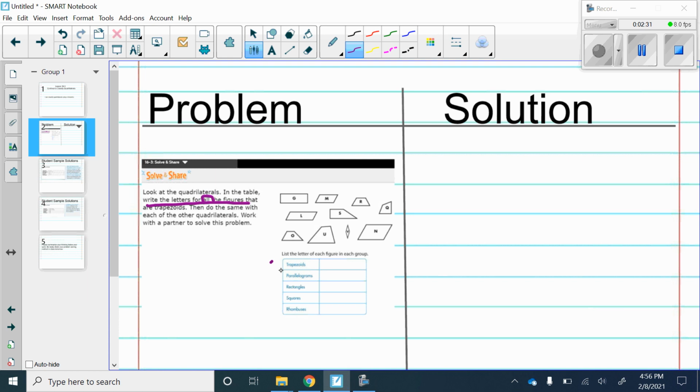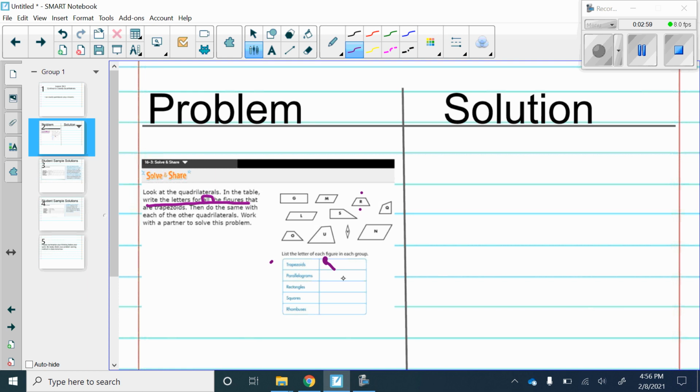Trapezoids are four-sided shapes with one set of parallel sides, only one. So for now, G has two sets of parallel sides, M has two sets of parallel sides, R has only one set, as you can see. So I'm going to write R in the trapezoid.